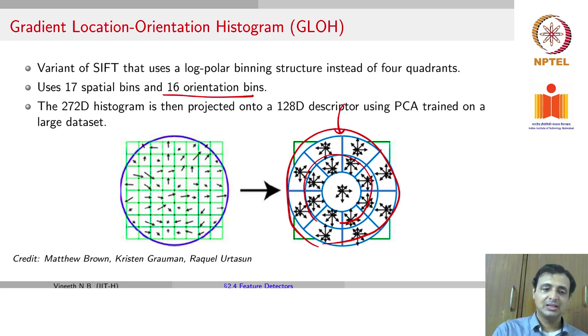Because of this, the representation here becomes 272 dimensional. It has 17 spatial bins and 16 orientation bins, so 17 times 16, 272 dimensional. And to make it computationally efficient, this method then uses principal component analysis to reduce the 272 dimensional descriptor to a 128 dimensional descriptor, which is actually used as the descriptor in this method.